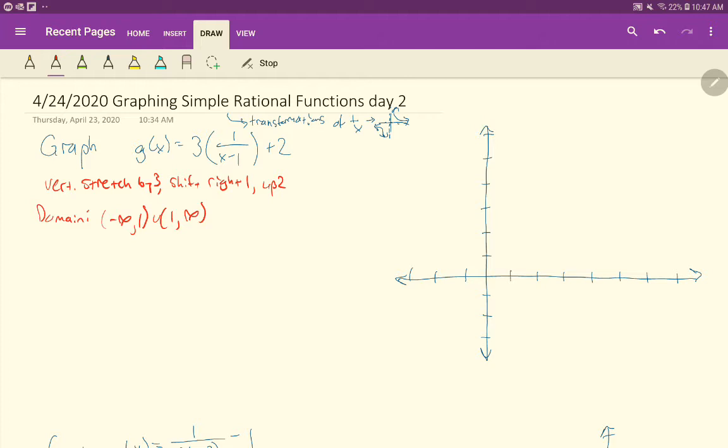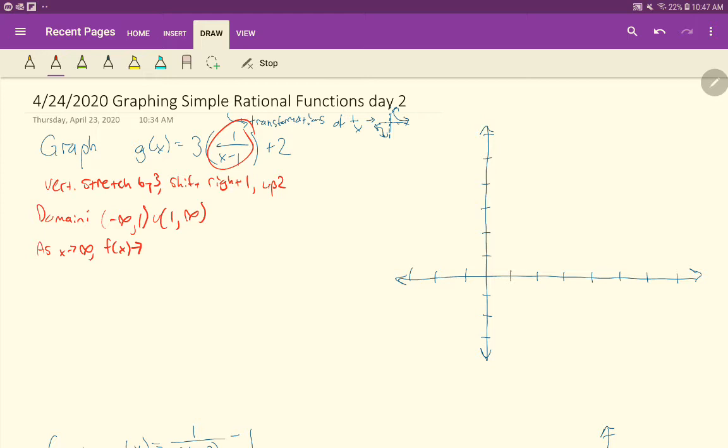Okay, what's our end behavior going to be here? Well, as x approaches infinity, f of x will approach what? And again, at this point, you can use your graphing calculators if you want to. You can also evaluate this analytically by looking at your function here. Imagine plugging in bigger and bigger numbers for x. You subtract 1 from that really big number, so you'll still have a really big number, but then you have 1 over a really big number.